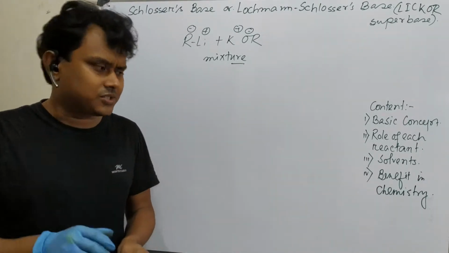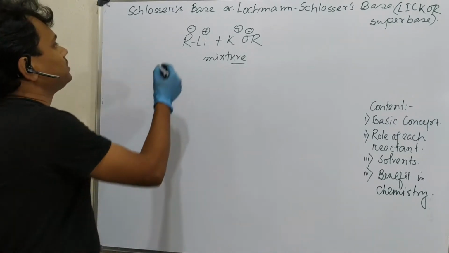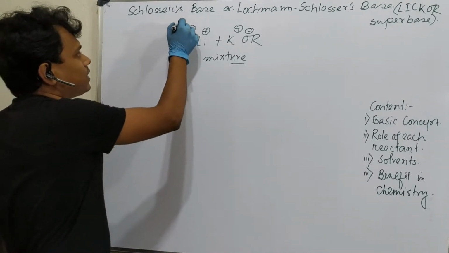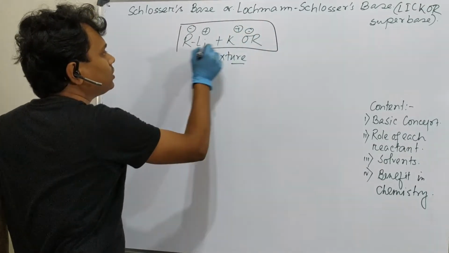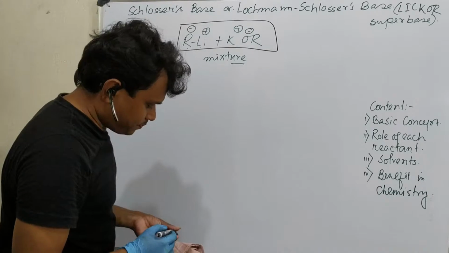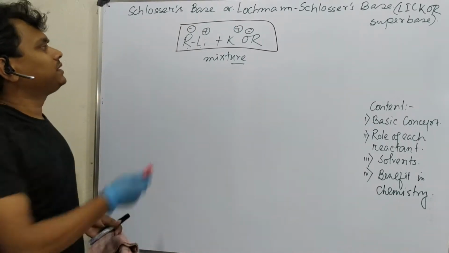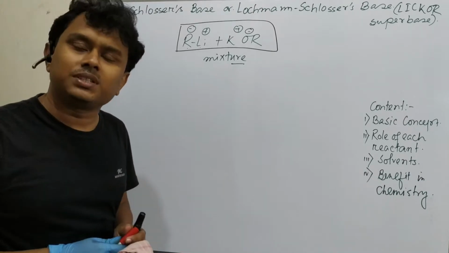So let's start. This Schlosser base is a mixture of alkyl lithium and potassium alkoxide. The simple question is, why is this mixture needed?